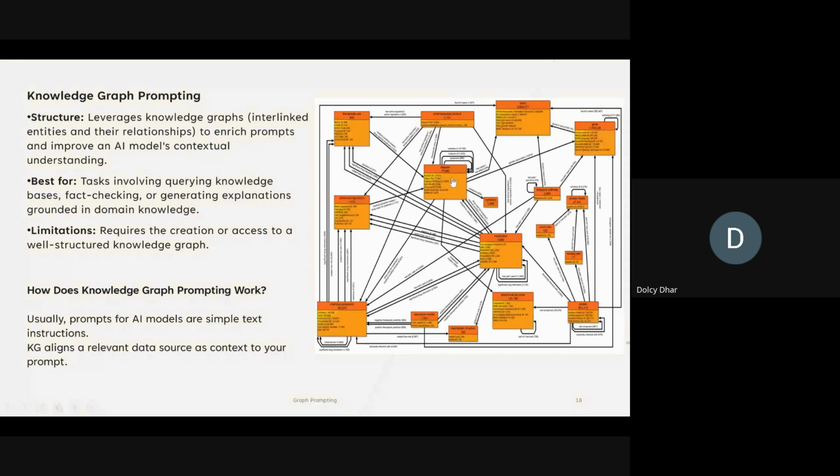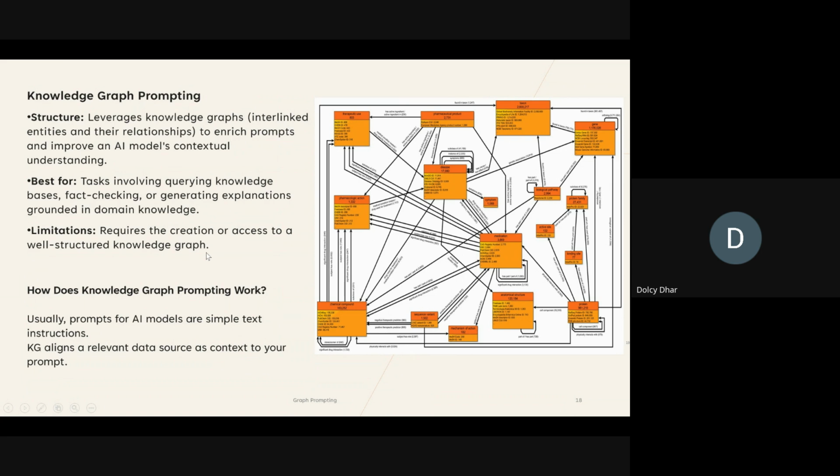It will sample all the nodes and move to the node where it can find the possible answer, and from there it will take a subgraph. So suppose for my question, it has to come down to this node. It will come to disease, and then it will model all of its relationships around it, and decide whether that is enough to answer the question, or whether it has to go to the next node and leverage that as well. So it is somewhat like a little complicated form of RAG in this specific case.